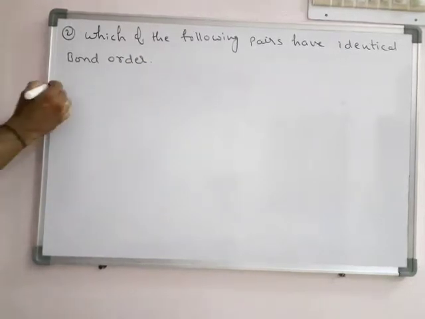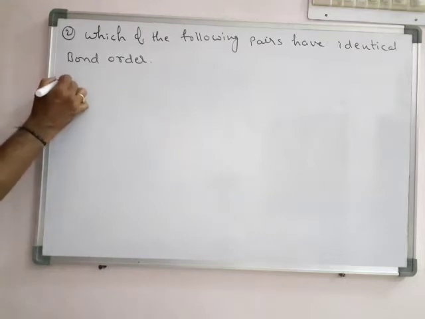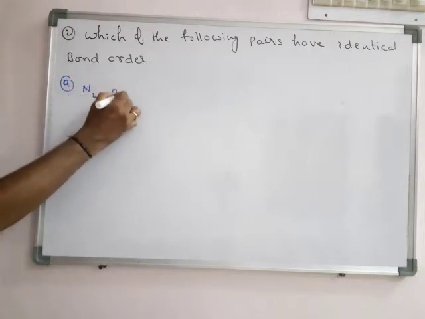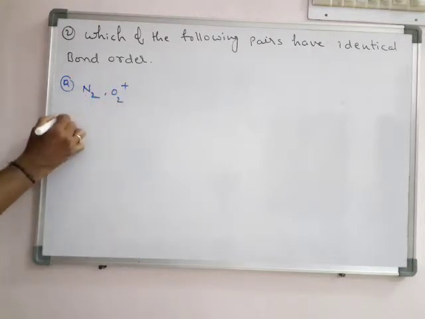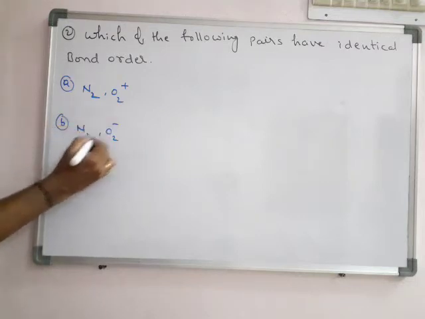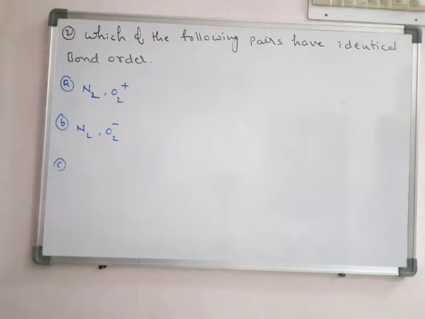Pairs means in every option a pair is given. In the first option there is N2 and O2 plus. So we need to check all the options.